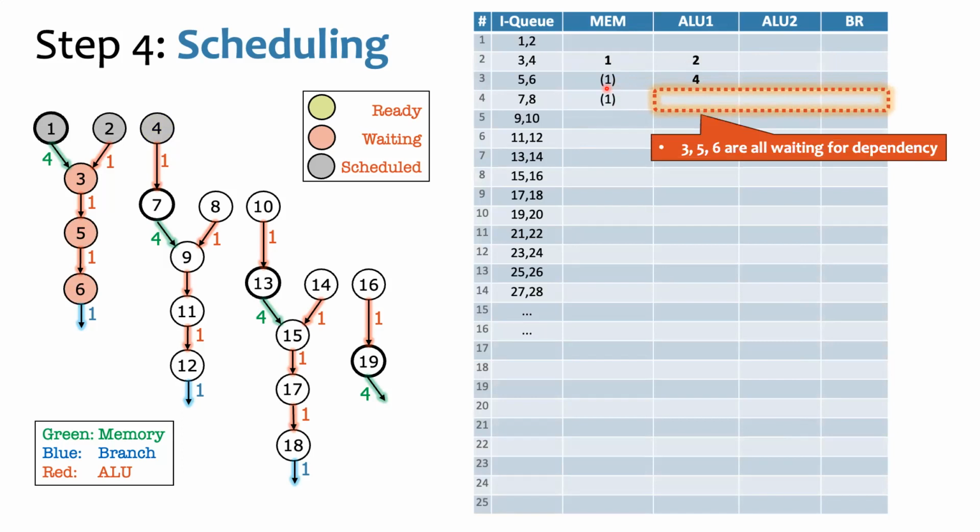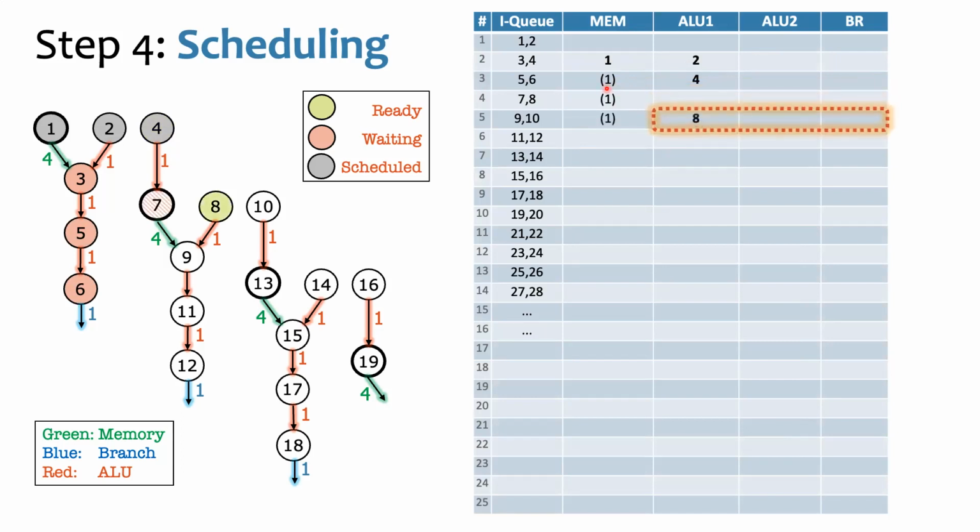Next cycle, I'm decoding 7 and 8, right? And 7, well, 7 depends on 4. 4 is already completed, but I still cannot bring 7 into the pipeline because 7 is a memory instruction. And memory, in this parentheses, 1 is taken by operation 1, right? And 8 doesn't have any dependency. I do have available resource, so I can put 8 into the pipeline.